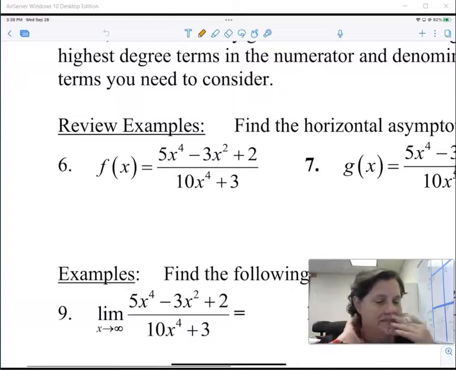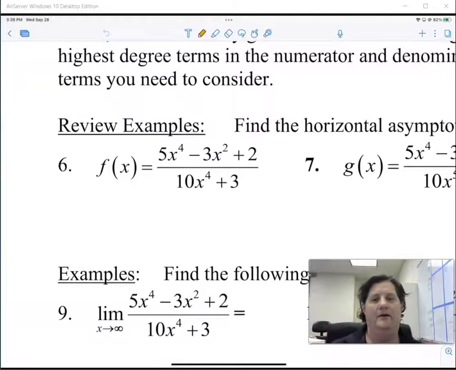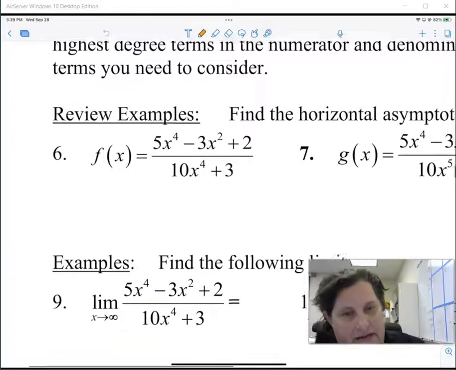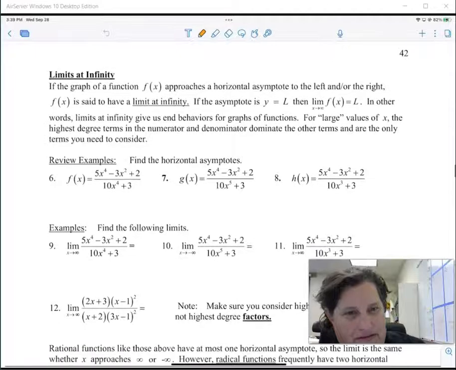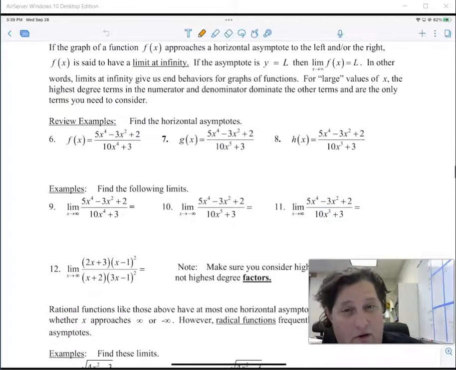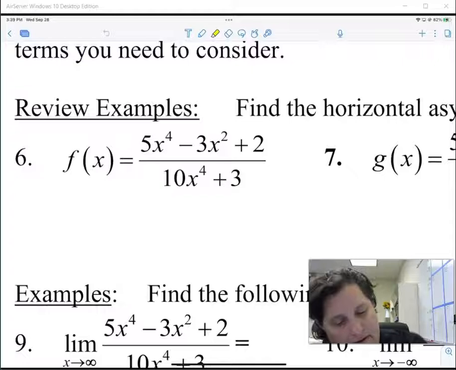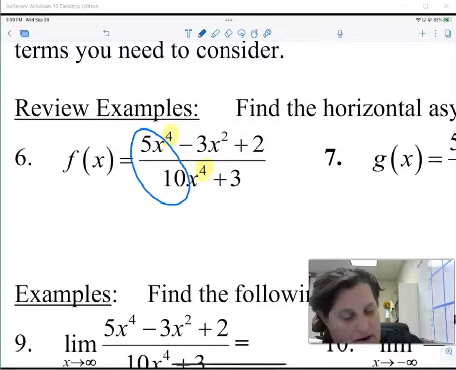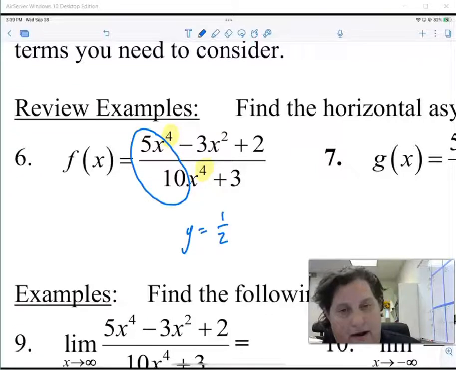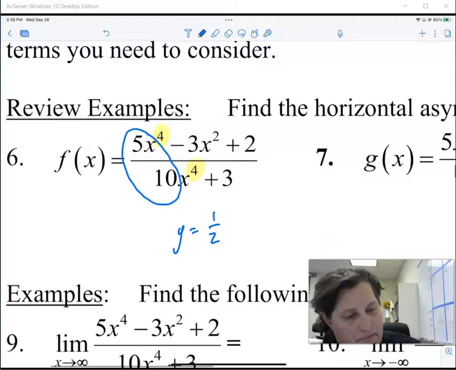And horizontal asymptotes come from the limit as x goes to infinity. It's the exact same thing. So I don't know if you guys even remember doing these horizontal asymptotes. So these are basically the same questions. And right here, okay, x to the 4th, x to the 4th, those are equal. So I'm going to have an asymptote at 5 over 10 or 1/2. Okay.